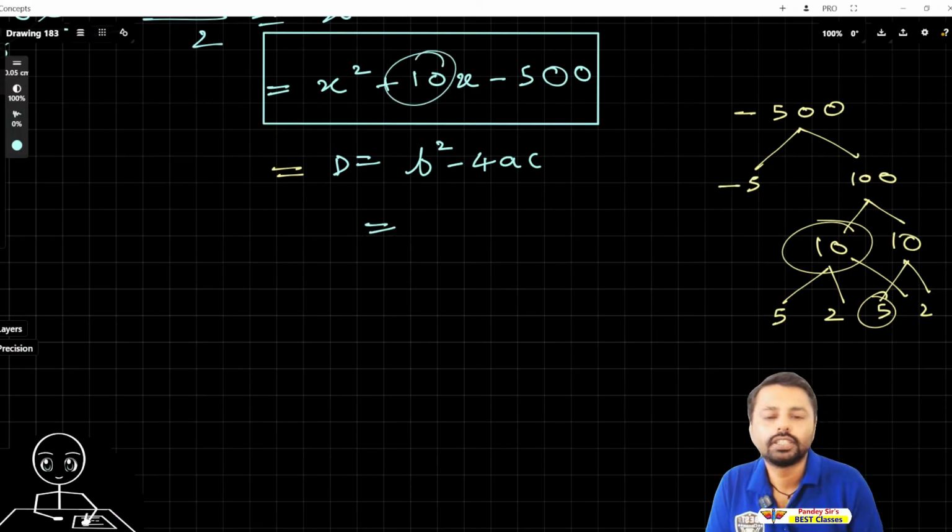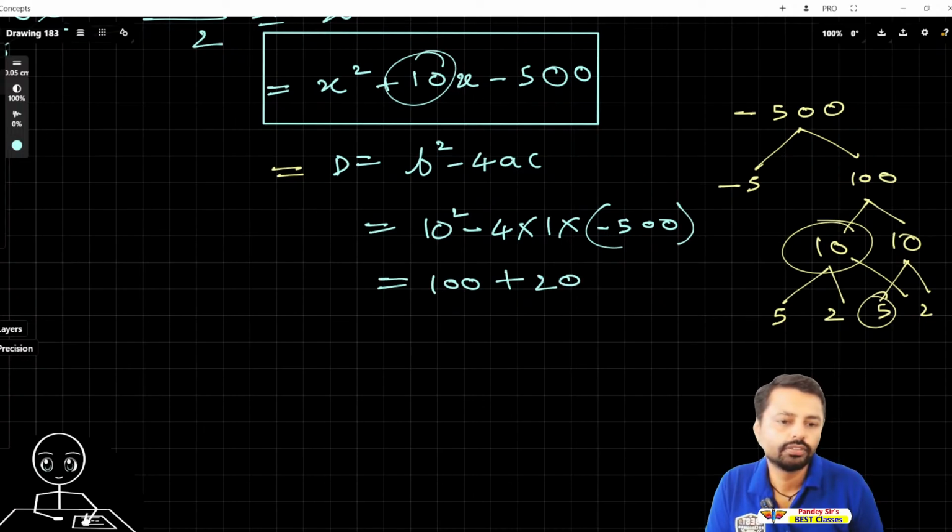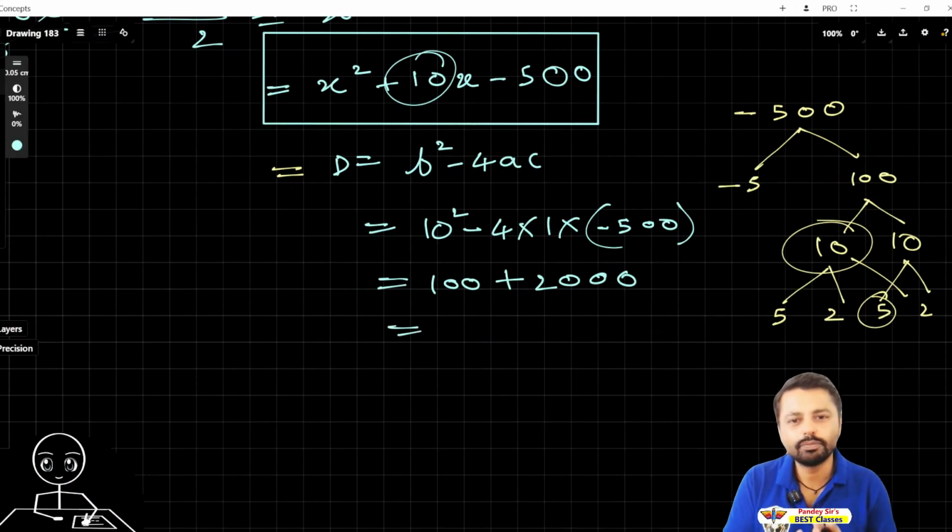So b is 10, squared, minus 4 into a, which is 1, into c, that's minus 500, and yes, there is a solution. 100 plus 2000, so yes, it's greater than 0.